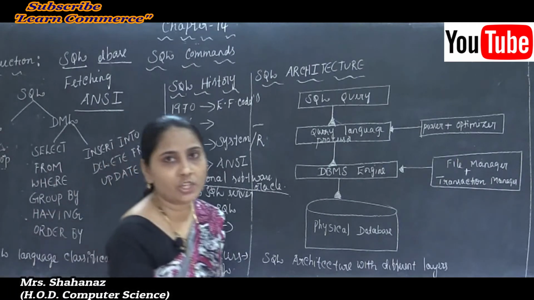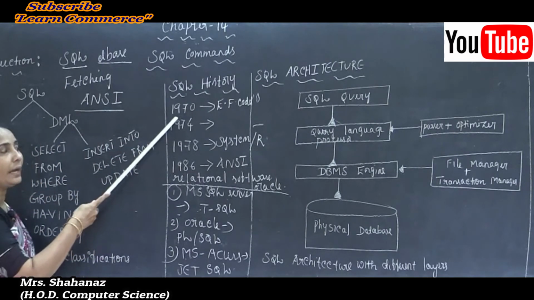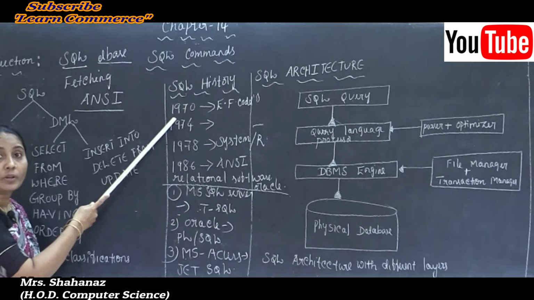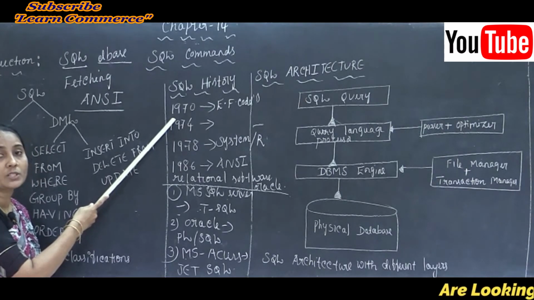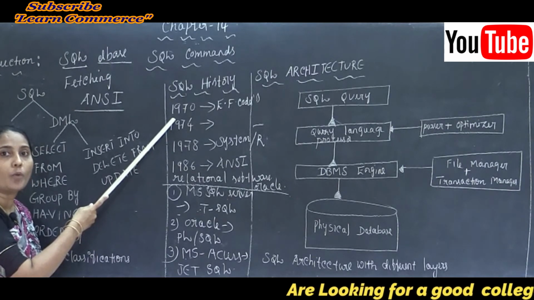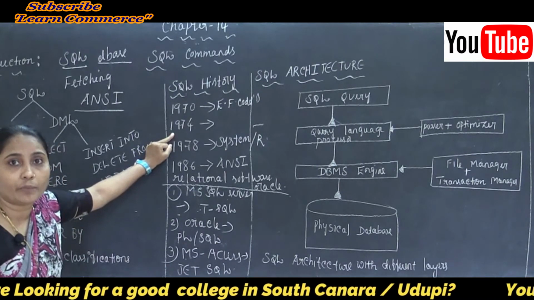So what are the points in the history of SQL? 1970: the father of relational databases described the relational model for databases, because E.F. Codd is called the father of the relational model. In the year 1974 the SQL language appeared.